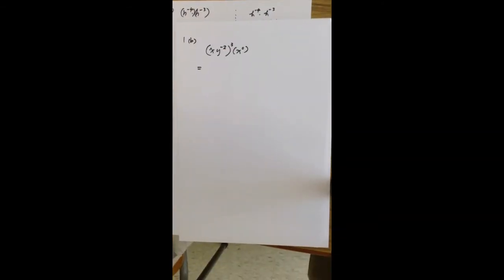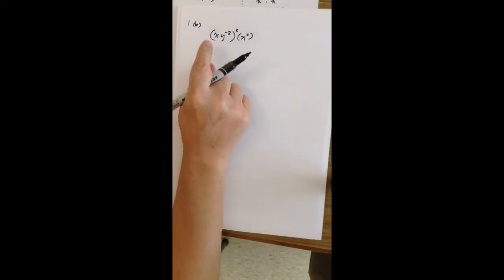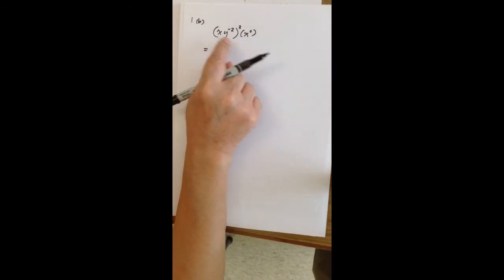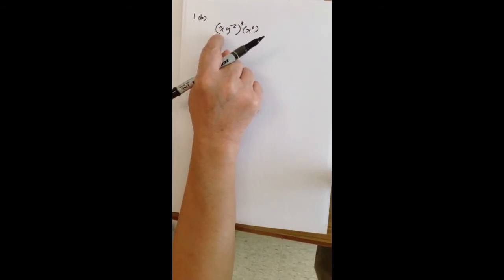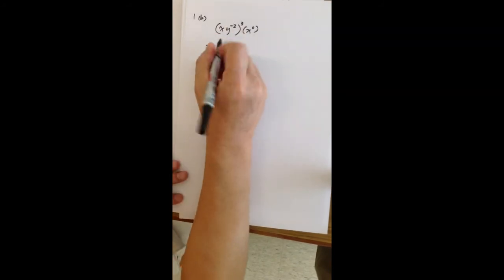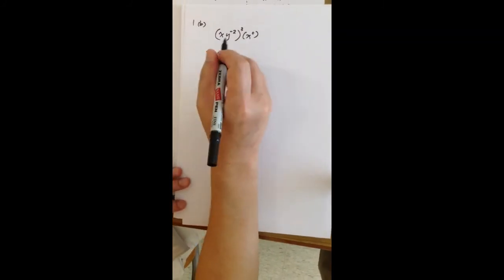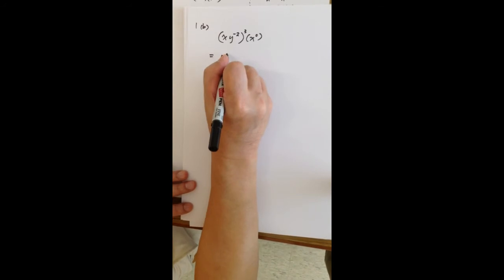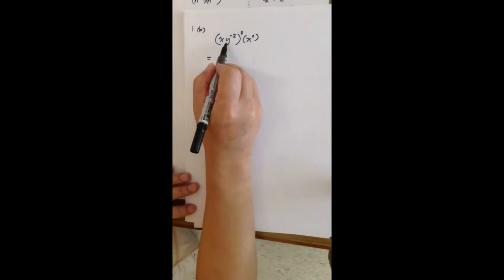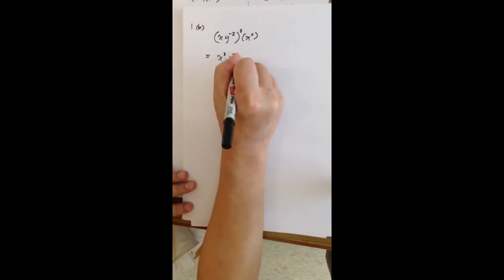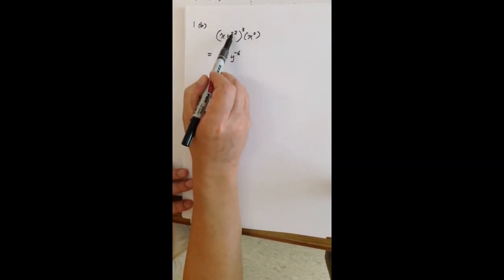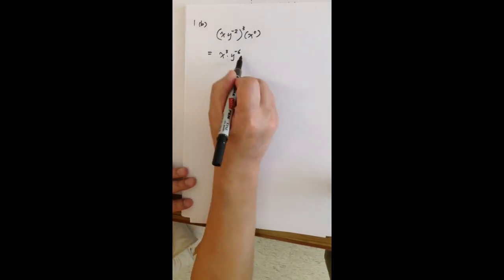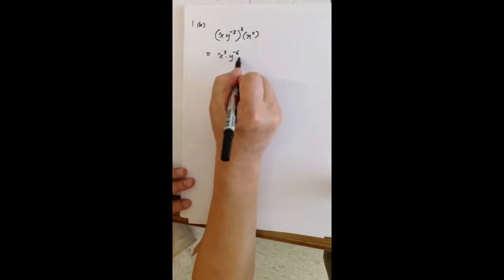For question 1b, you can see that there is a small round bracket, and outside the bracket is power 3. As we stated in 4.1, we can remove the small round brackets by using the formulas you have learned before. x to the power 3, and then y to the power negative 6. How can we get negative 6? It means negative 2 times 3. But what is the value of x to the power 0?